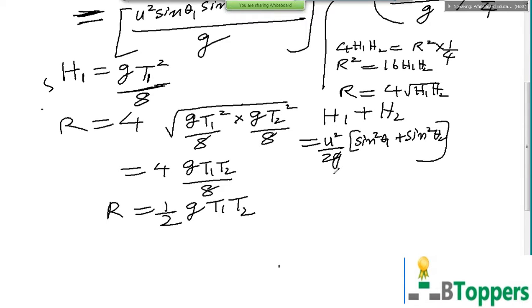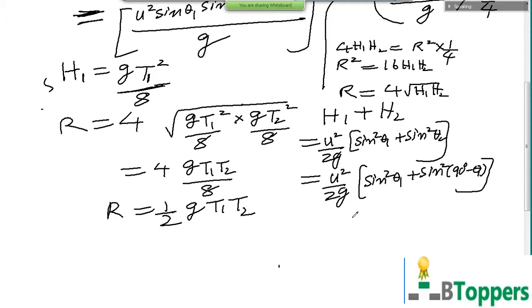In the present discussion, the two angles of projection are complementary. So you can substitute theta 2 equal to 90 degrees minus theta 1. So sine 90 minus theta 1 you can write as cos theta 1.